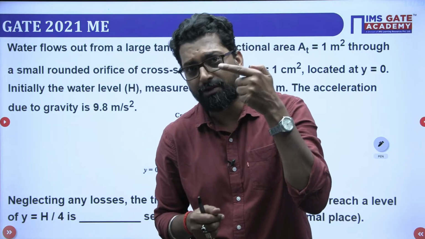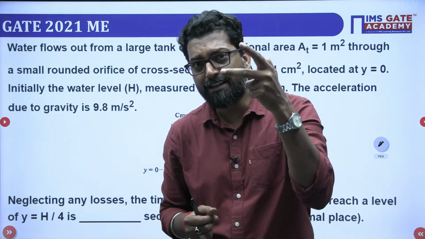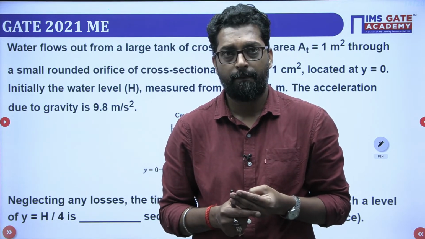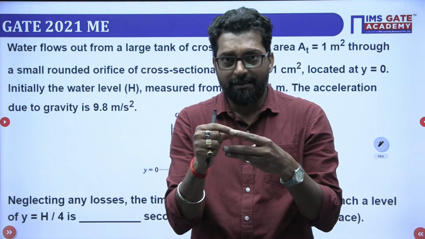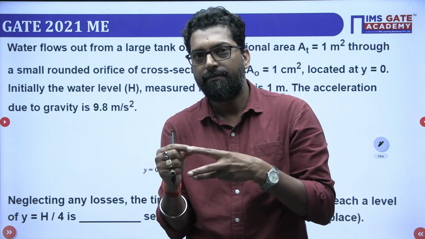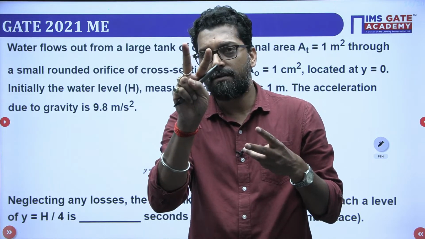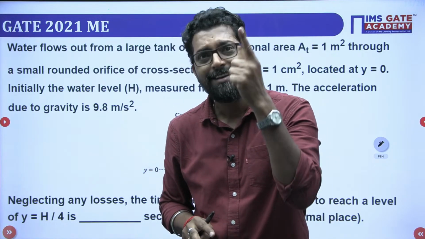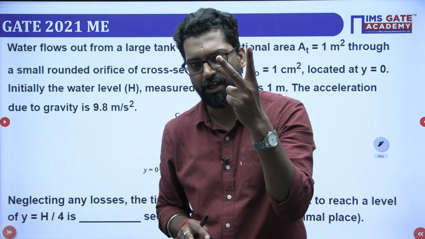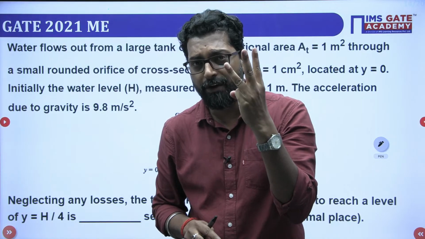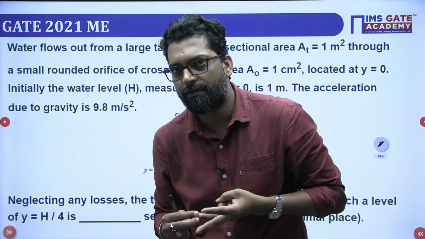Number first is conservation of mass, number second is conservation of momentum, and number third is conservation of energy. Conservation of mass gives the continuity equation. Conservation of momentum gives 2 equations: first is Euler's equation, second is the Navier-Stokes equation. Third, conservation of energy gives the Bernoulli equation.